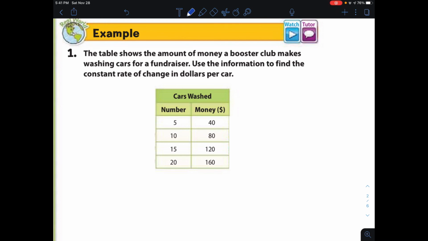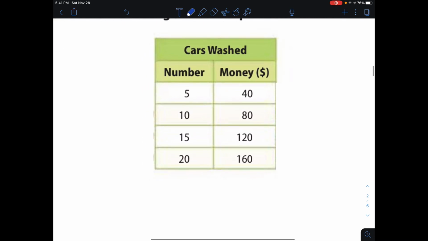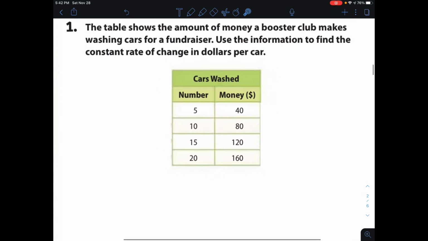If you look at our table closely, we have 5 cars washed, and $40 was the money they raised. For 10 cars washed, the money the booster club makes is $80. For 15 cars, $120, and for 20 cars washed, the booster club makes $160.